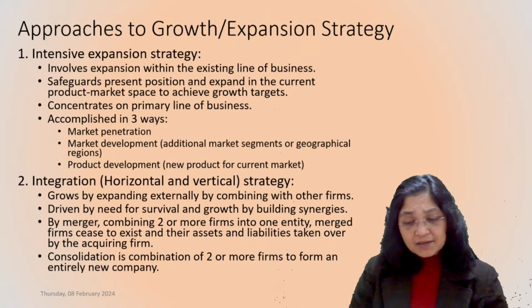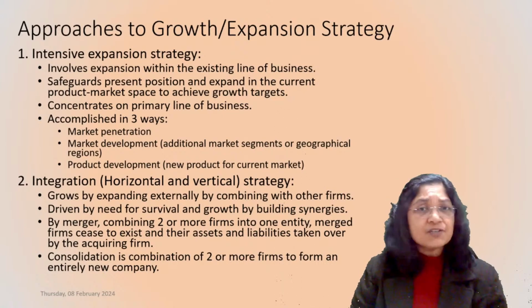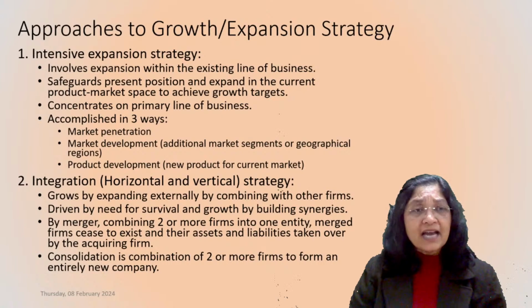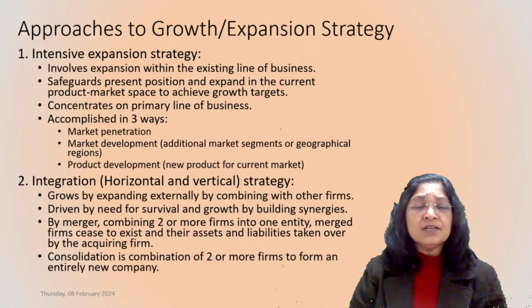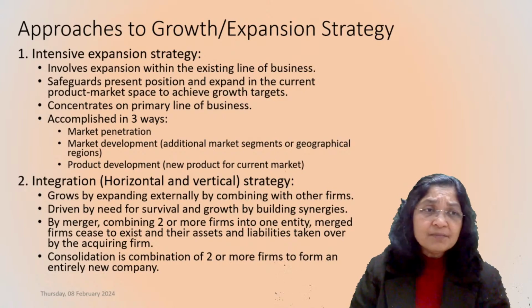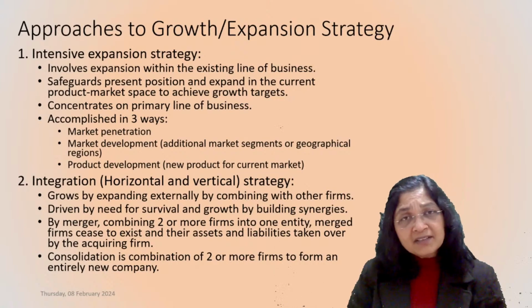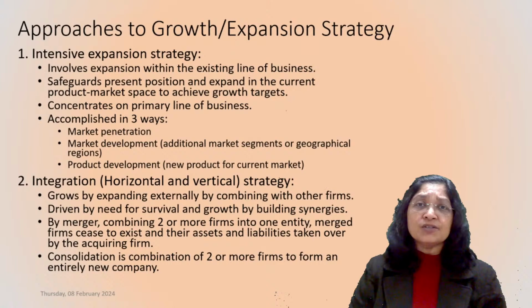Let's say we are manufacturing 5 different kinds of products. We have 5 different units within the corporate body, and these units are manufacturing 5 different kinds of products. As a part of intensive expansion strategy, we try to expand within these 5 different kinds of products only.